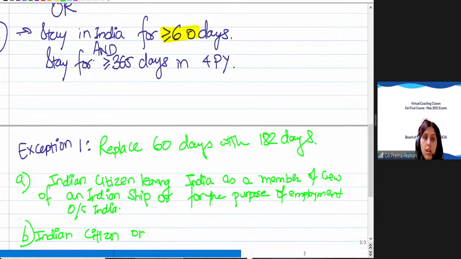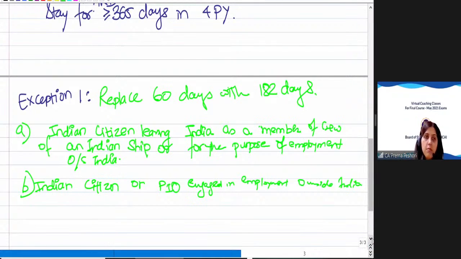Then the second exception under this exception 1 is: an Indian citizen or a person of Indian origin engaged in employment outside India comes on a visit to India.